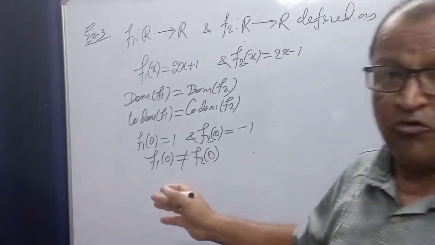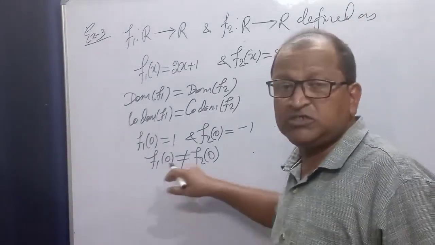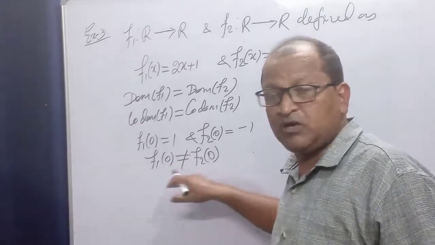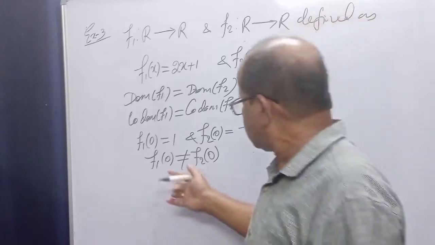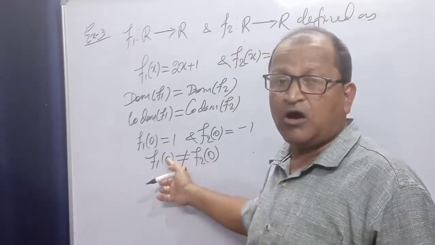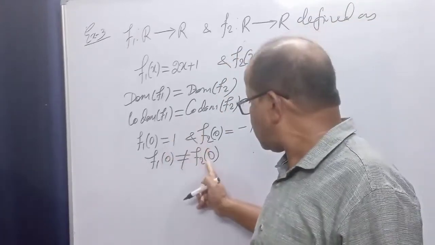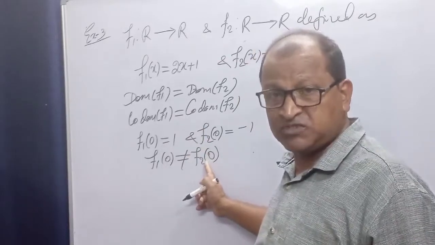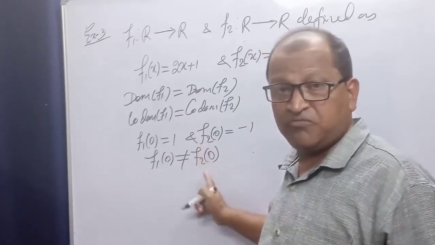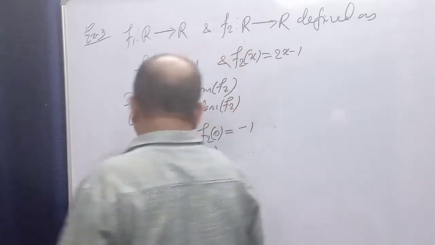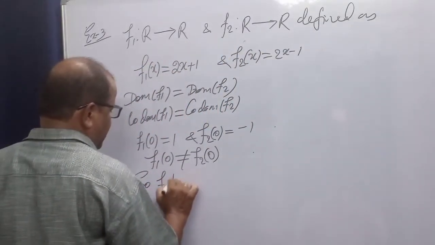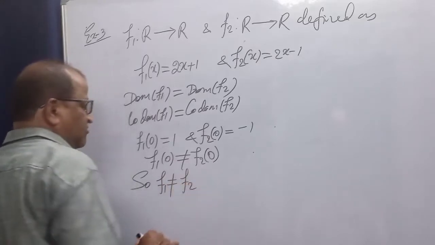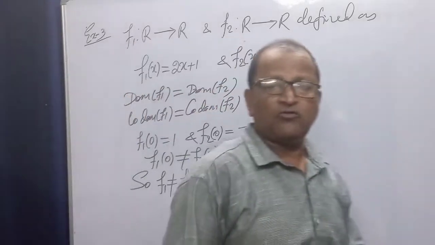But 0 is in the domain where f1(0) is not equal to f2(0). The functional value of 0 under f1 is not equal to the functional value of 0 under f2. So f1 is not equal to f2. Right?